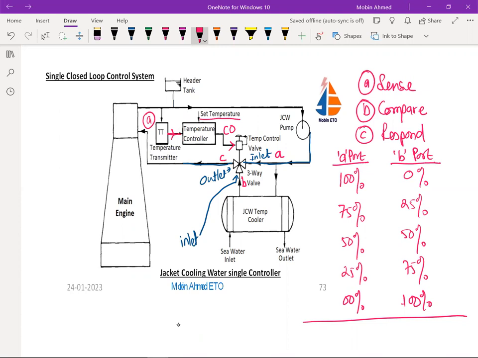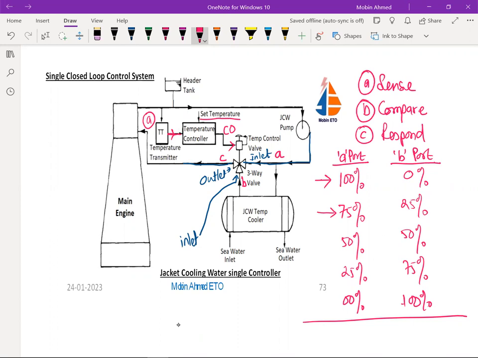So if it is allowed, in that case, 100% A port is open and B port is 0%. That means there is no diversion to the cooler. Now suppose if the temperature is rising, then slowly this temperature control valve is going to open and it will shut this A side port.